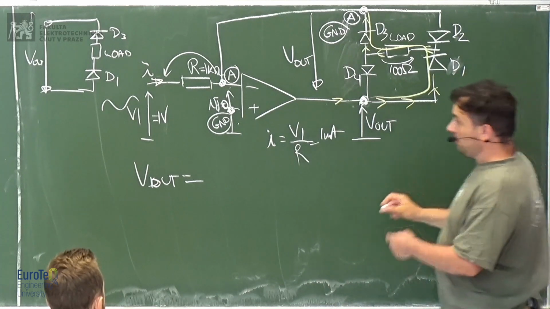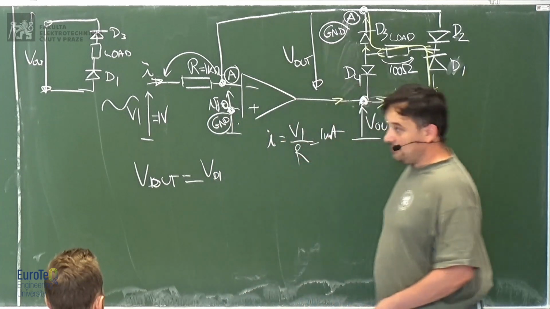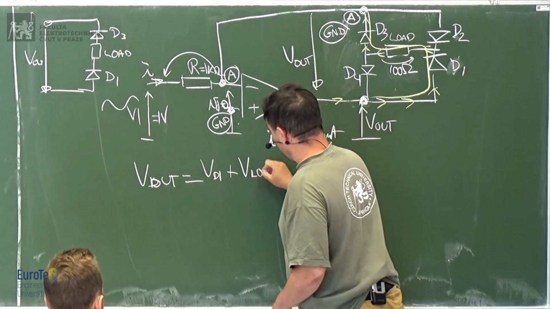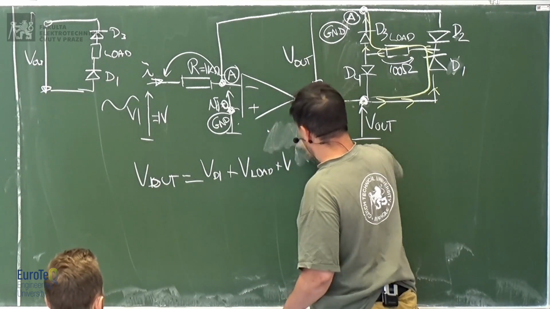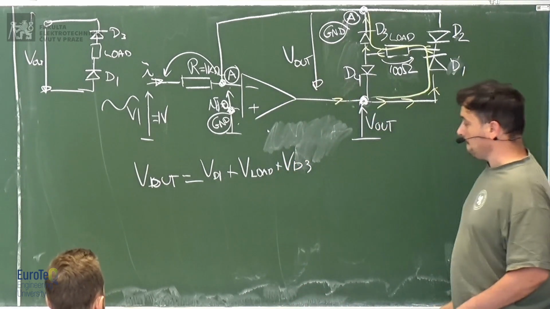So V out will be the voltage on diode 1 plus the voltage on the load plus the voltage on diode 3, VD1 plus VD3.